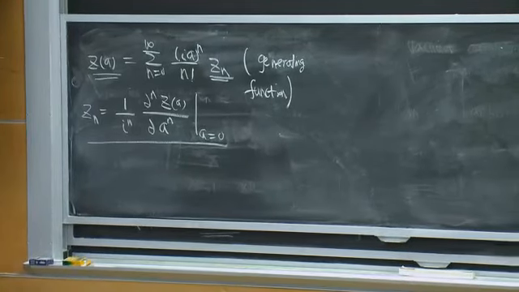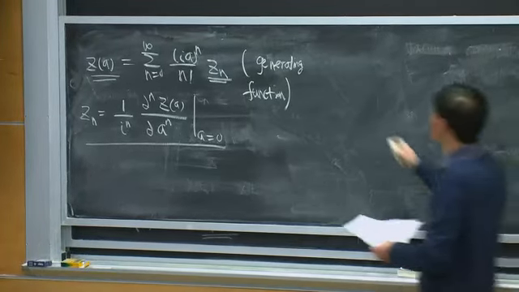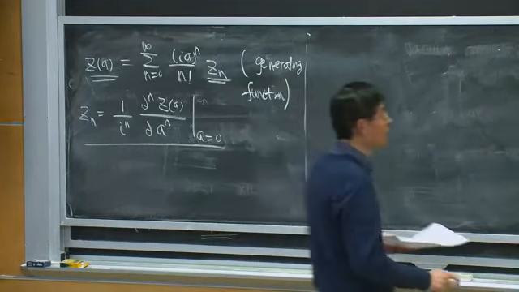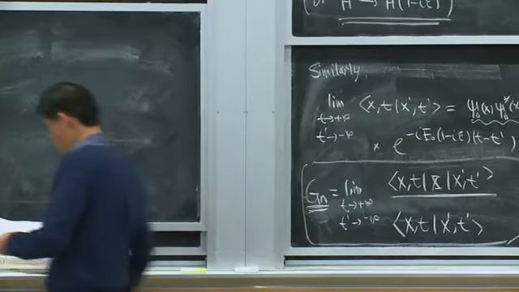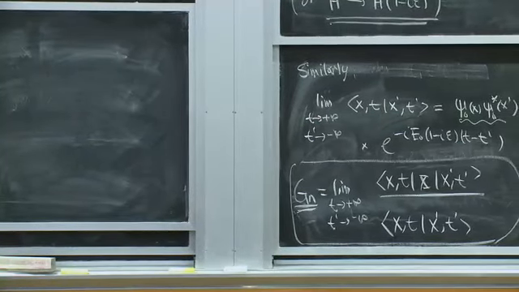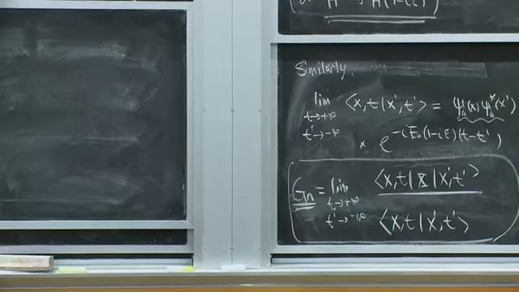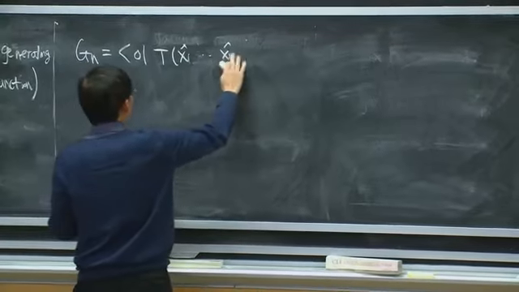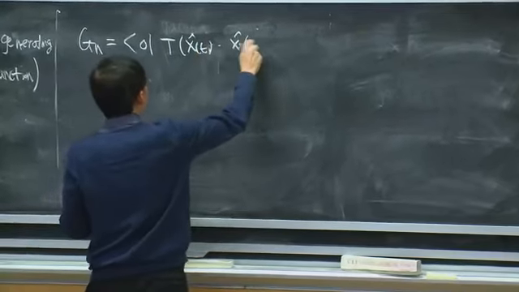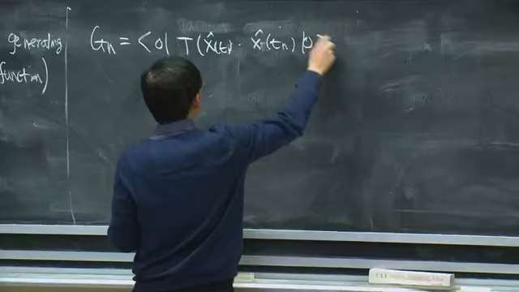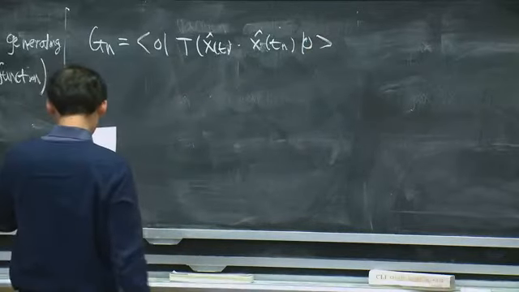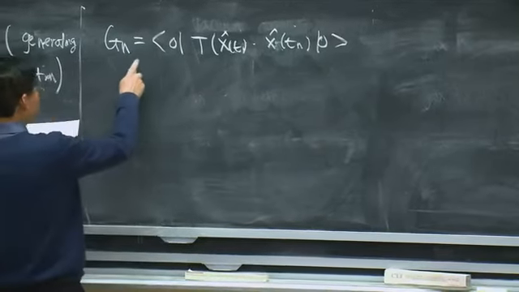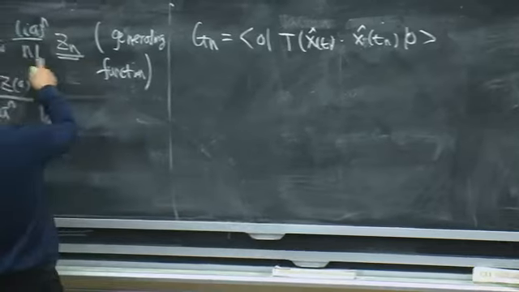So one final remark. Now we want to compute this guy, G_n, which is equal to the time-ordered product of x(t1) through x(tn). Again, instead of computing each one of them, we can consider a so-called generating function, a generalization of this idea.